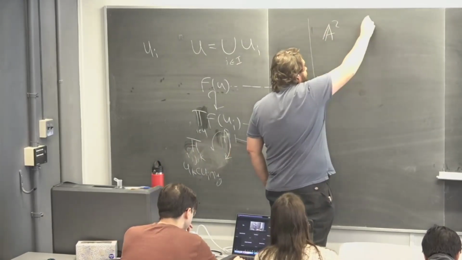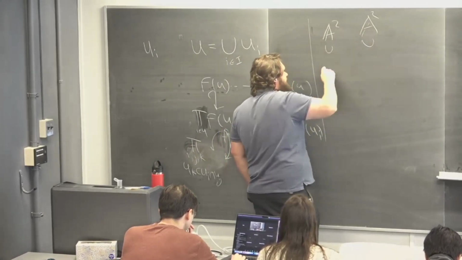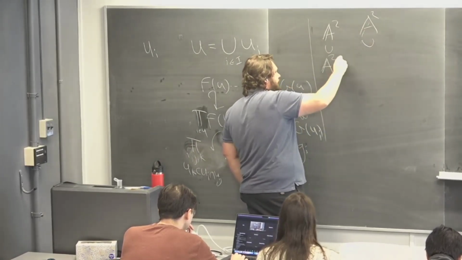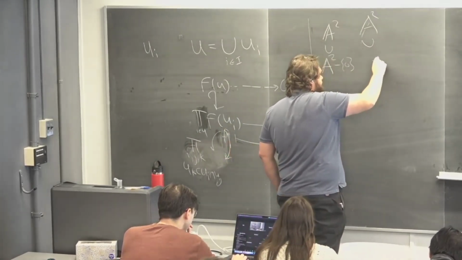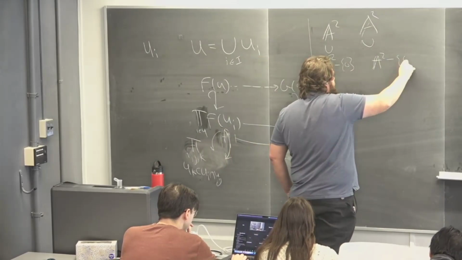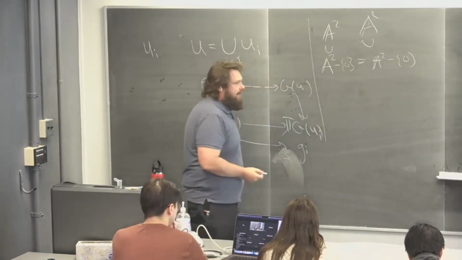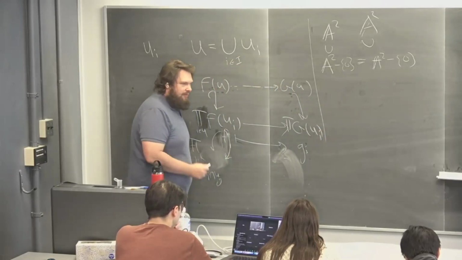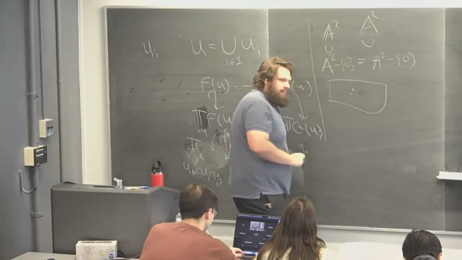We talked about this construction where you can identify two copies of A^2 to give an A^2 with a doubled origin.